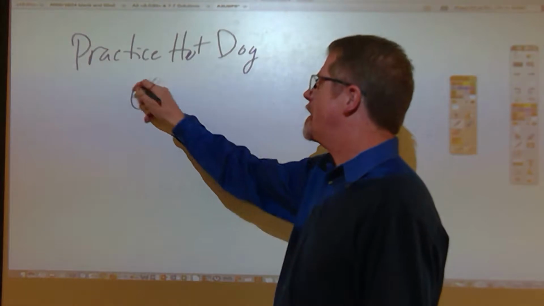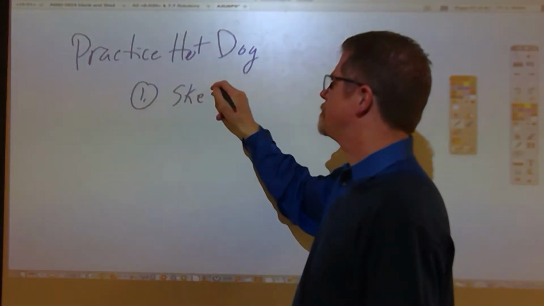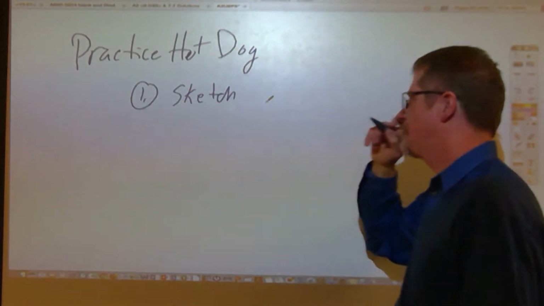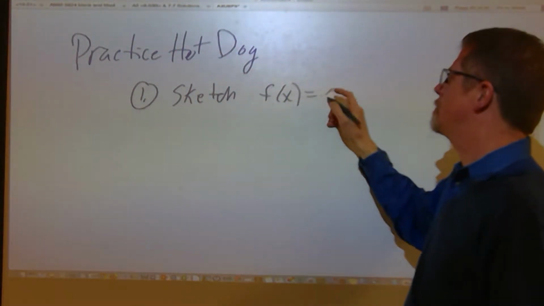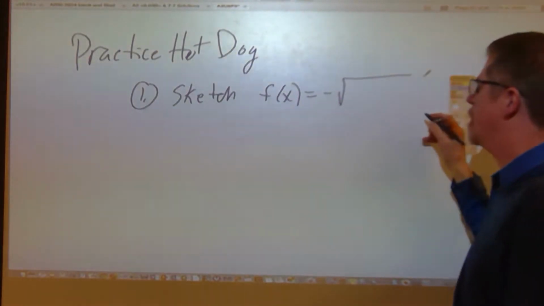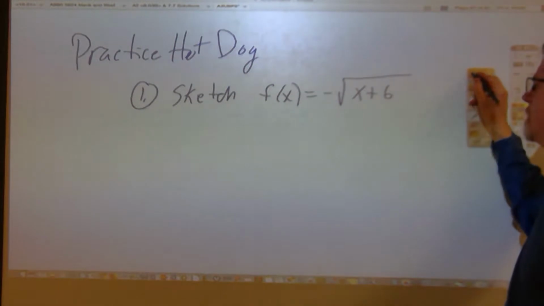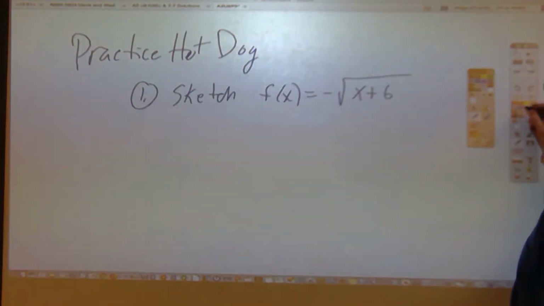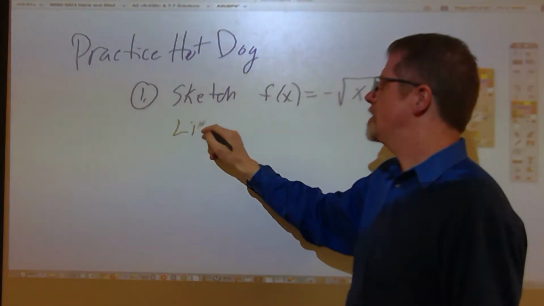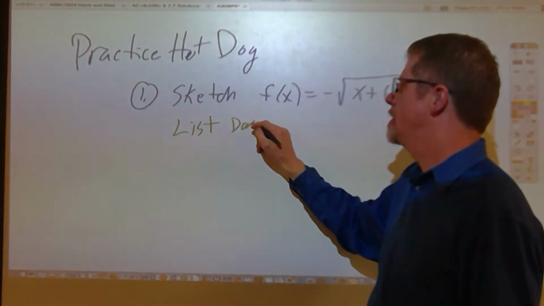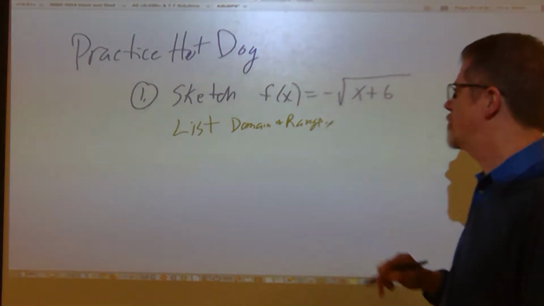Number one, this is a practice hot dog question. What I'd like you to do is sketch the graph of f of x equals negative square root of x plus 6 and list the domain and the range.